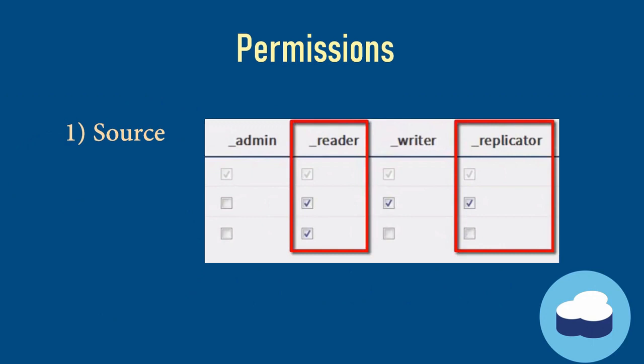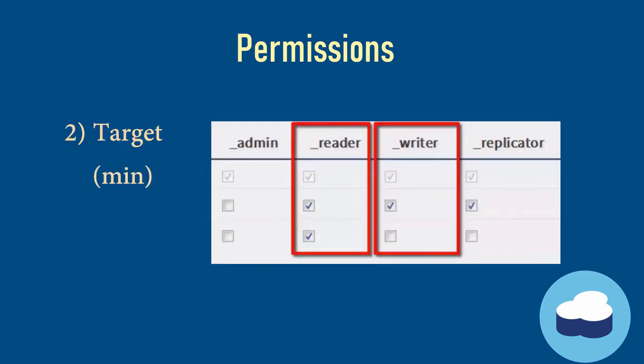But don't check the global replicator permission for anyone. Then for the target database, we need to set minimally reader and writer permissions. The writer permission would allow them to write to their own database.